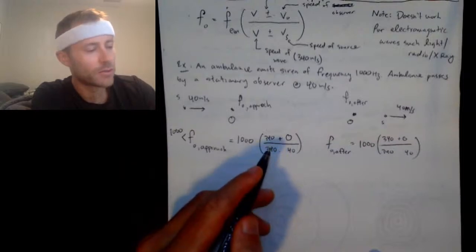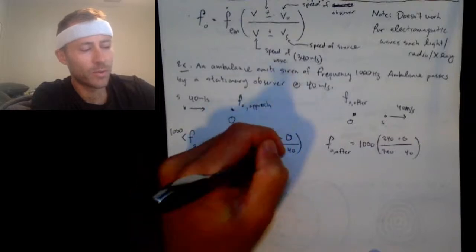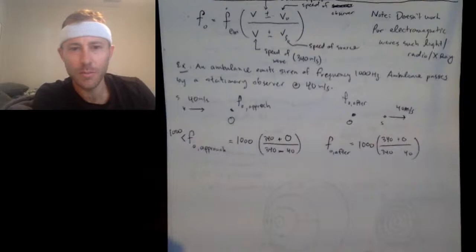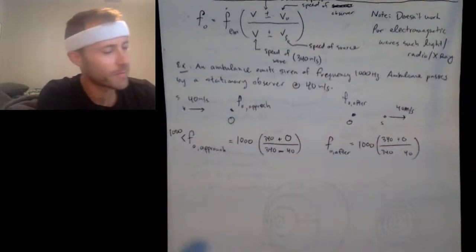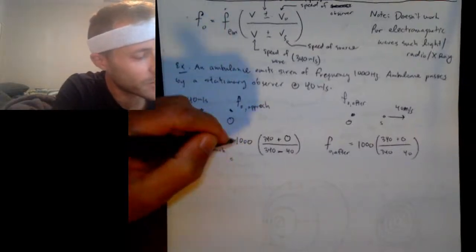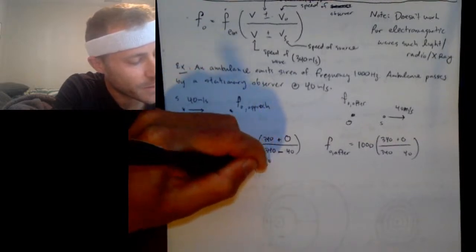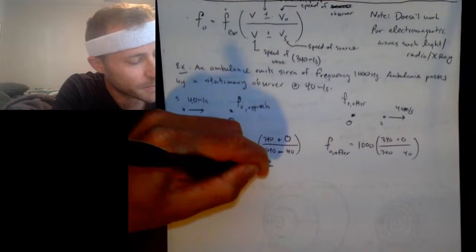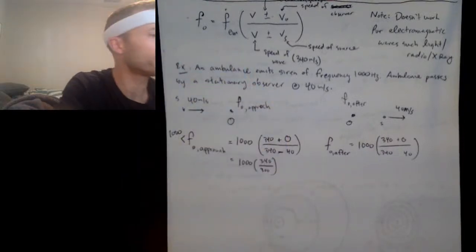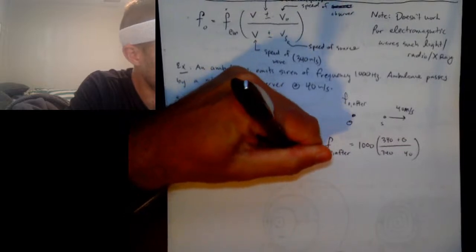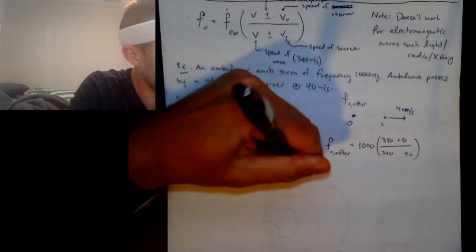So the way to make the denominator smaller wouldn't be to add 40, it would be to subtract 40. So the minus sign is the one that I will choose. All right? So this is going to be 1,000 times 340 over 300, which is 1,133 hertz.